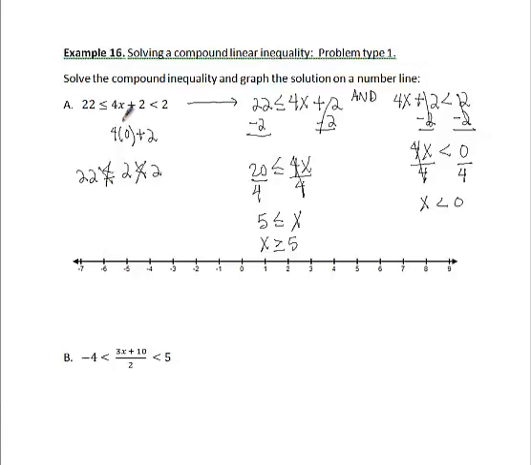Okay, and it will not work for any other number because these two inequalities do not overlap. No solution, because there is no overlap. And we're only looking for overlap when we have the conjunction and or the inequality is written this way.